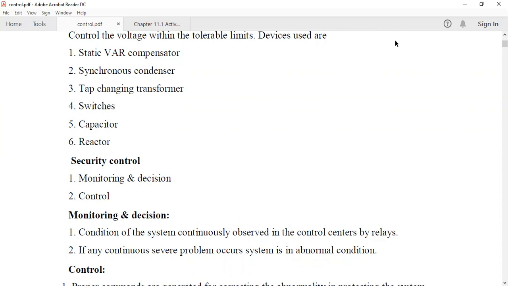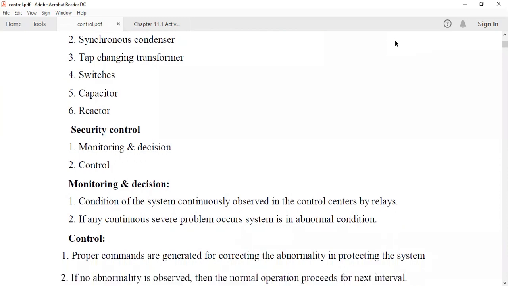These states will be known after the monitoring of the system, and depending on the monitoring, the decision will be taken, and on that decision, appropriate control action will be taken. It is a part of the security of the power system by which we can avoid different sorts of blackouts in the system, which are very harmful as far as the power system is concerned.